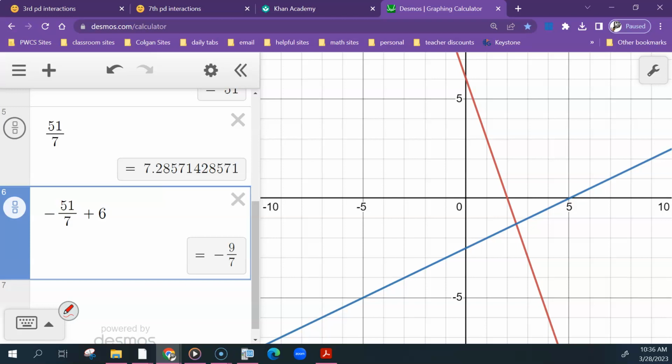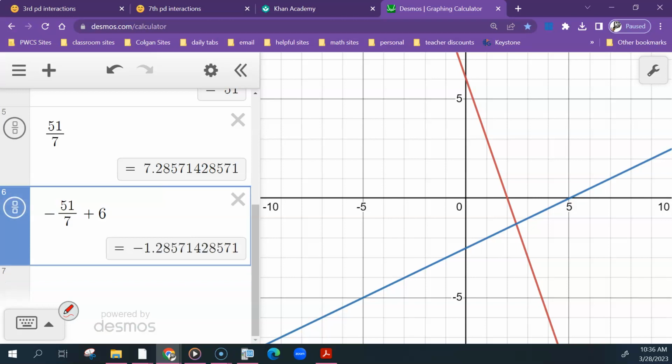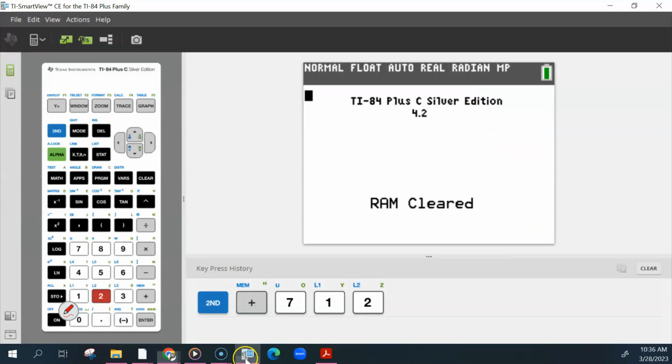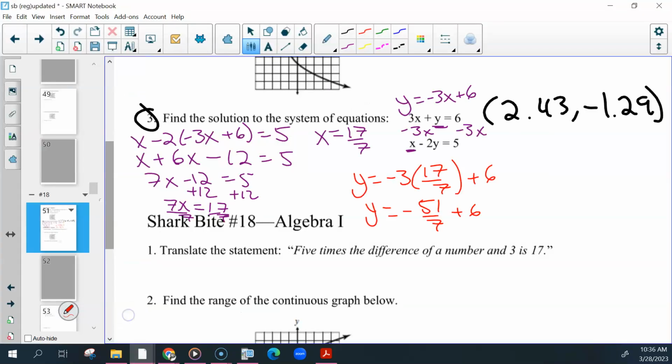And negative 9 over 7 would be your fraction, but if you change it to a decimal, you get the same thing that we got before. So you would either have this as a decimal or this as a fraction. Both are technically right. Other questions on the system?